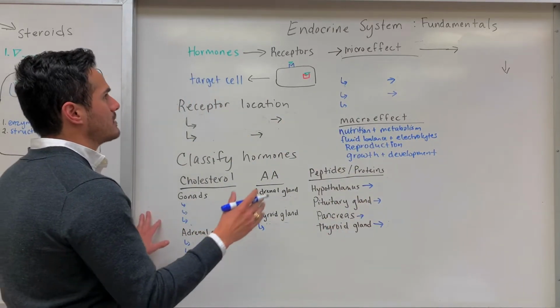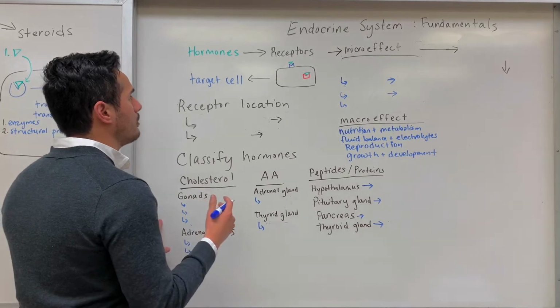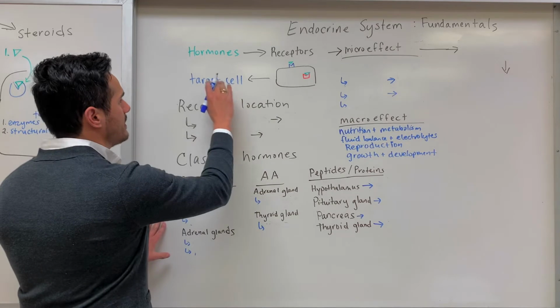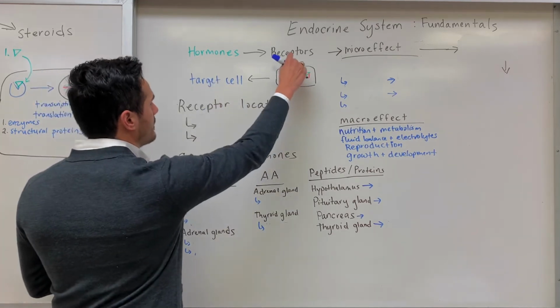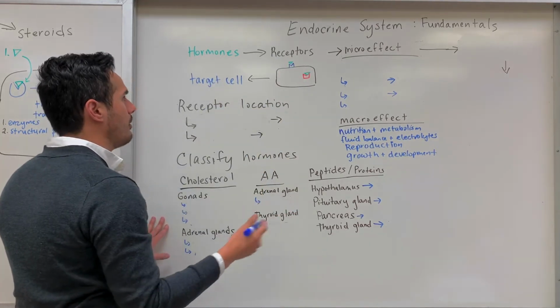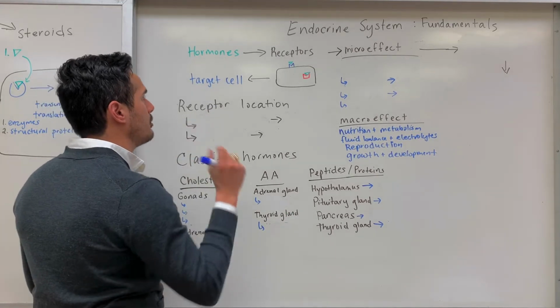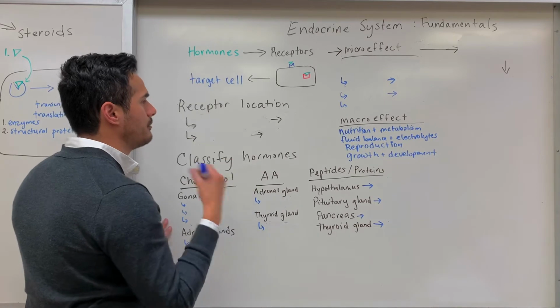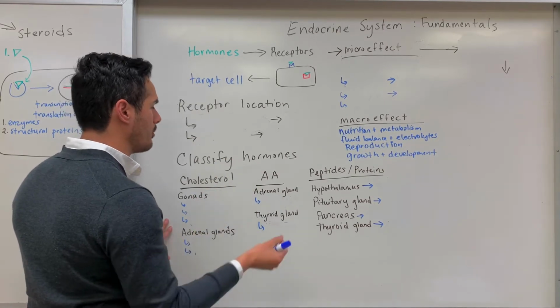So now let's go back to what I mentioned earlier about hormones binding to their receptors. A hormone has a particular target cell where the receptor is found. However, the location of the receptor is going to vary depending on the hormone.